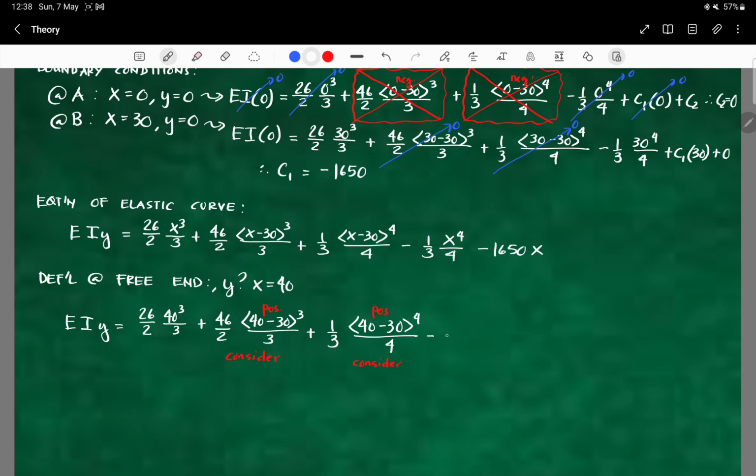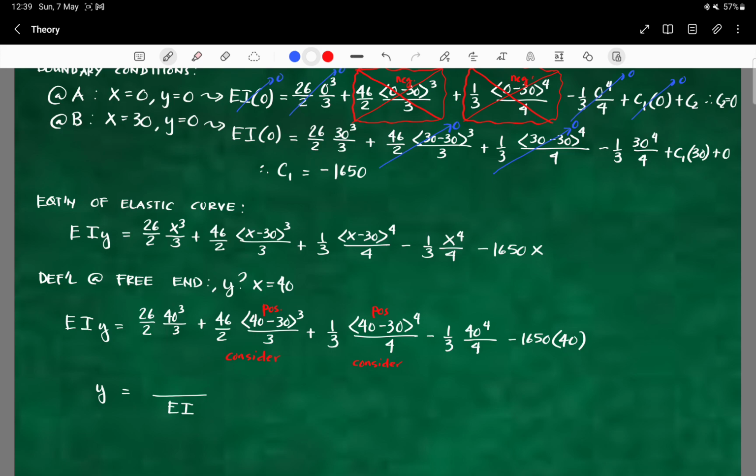Next, minus 1/3 of 40 to the power of 4 over 4 minus 1,650 times 40. So we just need to calculate that. We now have the value of y all over EI. Let me compute. 26 divided by 2 and 40 cubed divided by 3 plus 46 divided by 2.